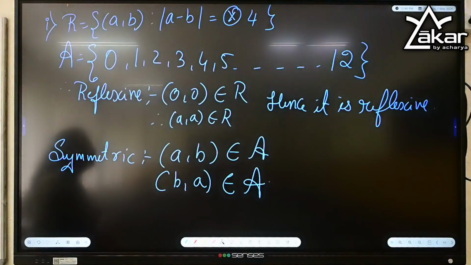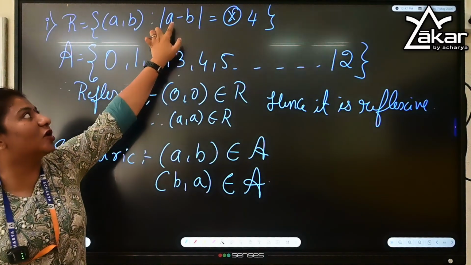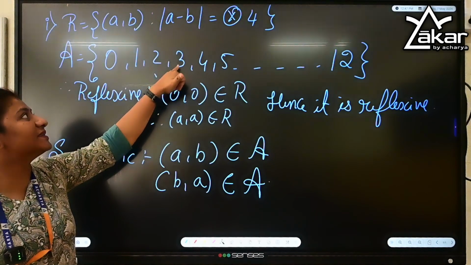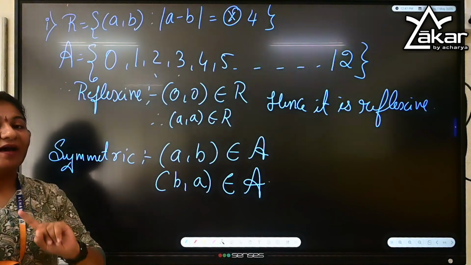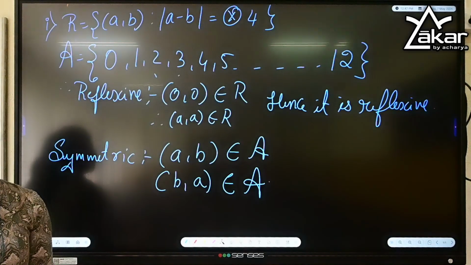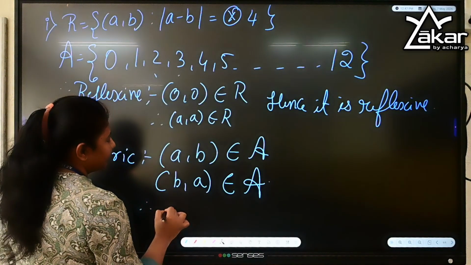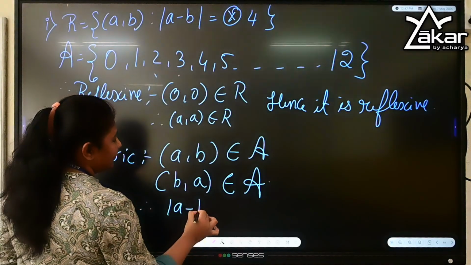For example, if I take 3 minus 2, why do I have to subtract? Because of this condition. 3 minus 2 gives the value 1. Can 1 be a multiple of 4? Yes, it is possible.